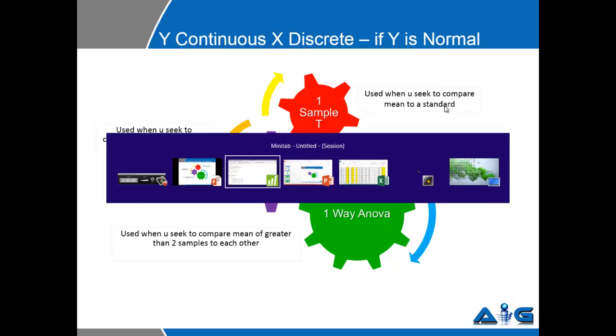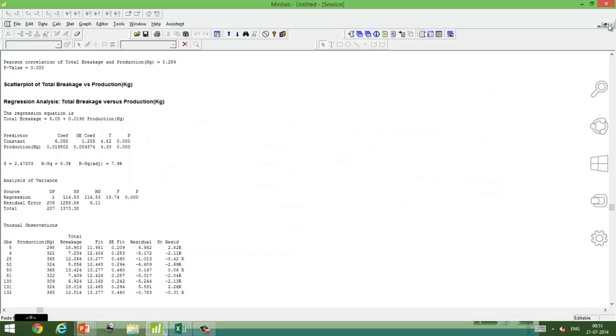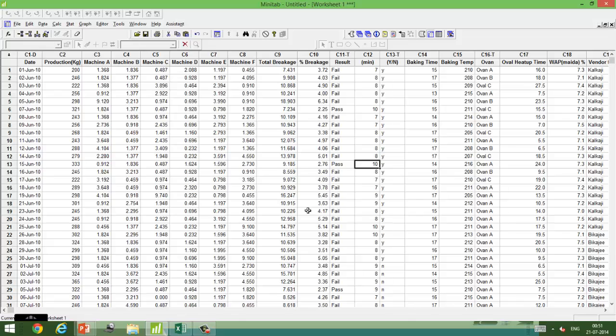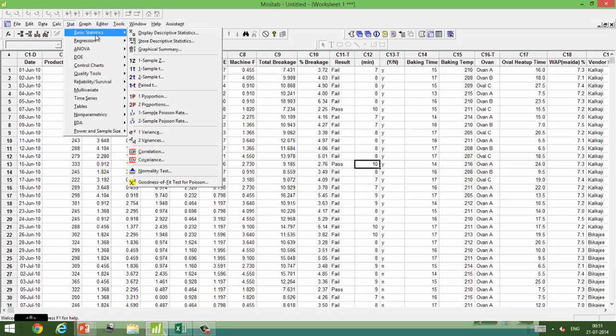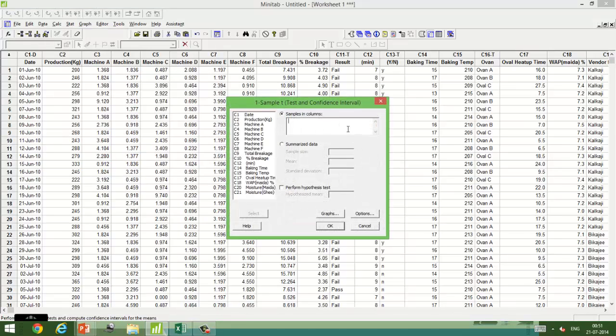Let's look at Minitab on how to do this. If I were to go to Stats, Basic Stats and One Sample t test, one sample t test has two things that it can do for you.